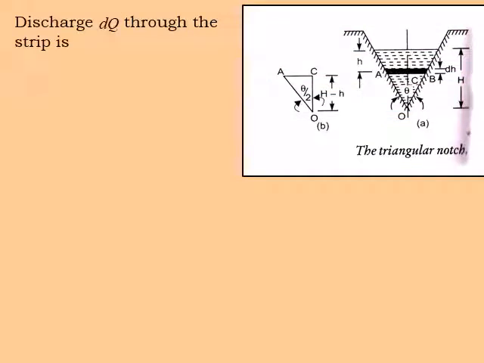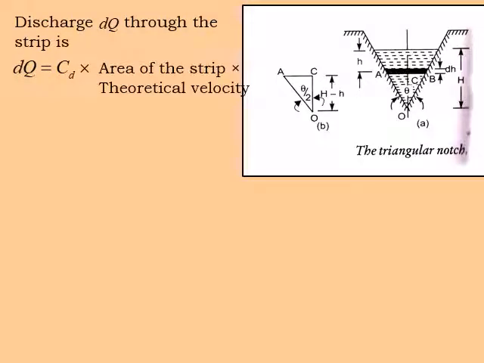Now the discharge dQ through the strip is dQ equals Cd into area of the strip into theoretical velocity. So dQ equals Cd into 2 into (H minus h) into tan theta by 2 into dh into square root of 2gh.